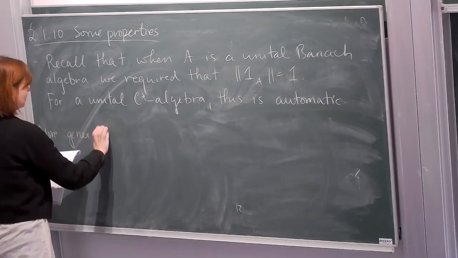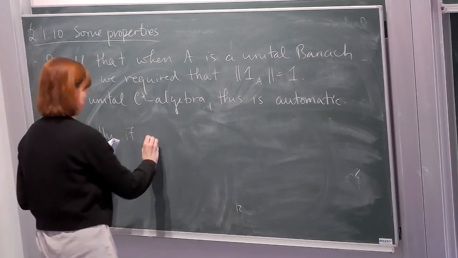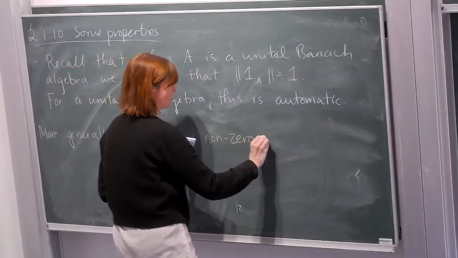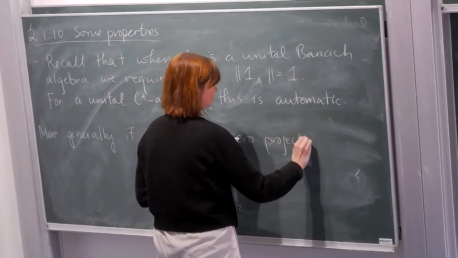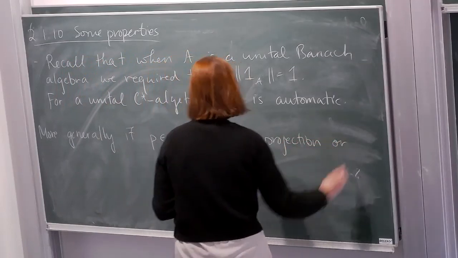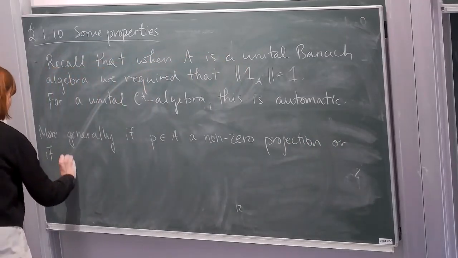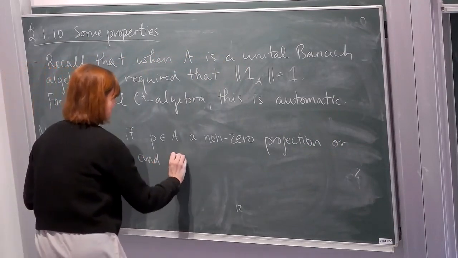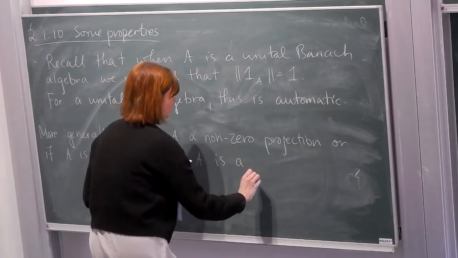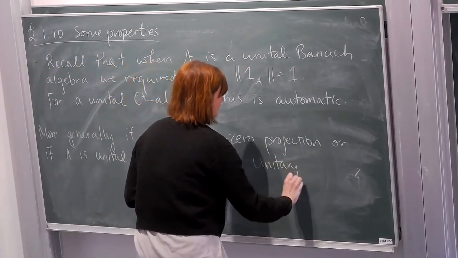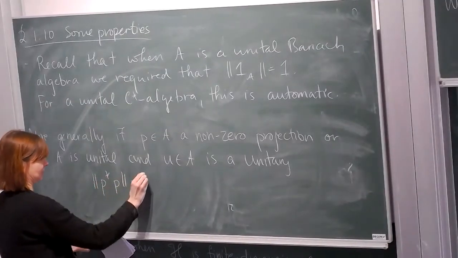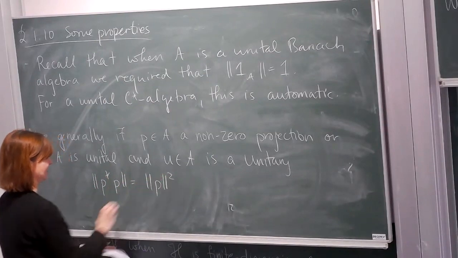And more generally, if we have a non-zero projection P, or if A is unital and U is a unitary, then the C-star equality implies that these both have norm equal to 1. This is the C-star equality.